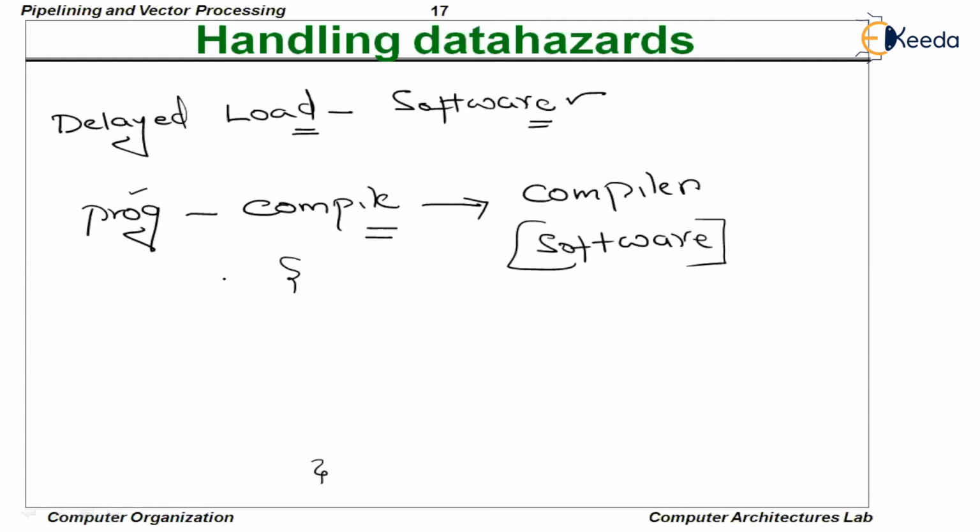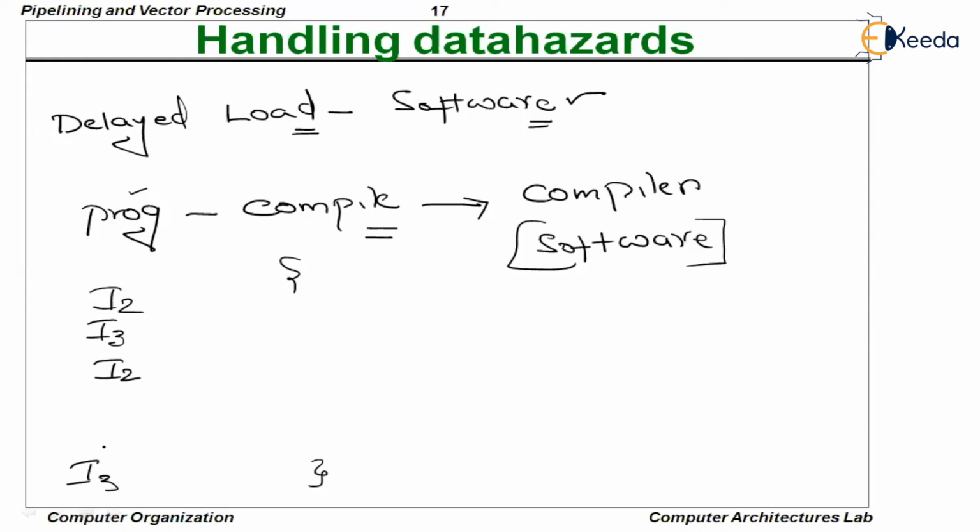If there are dependencies, the compiler is going to separate those instructions by a sufficient number of clock cycles. So if the compiler sees that I2 and I3 are dependent, what the compiler can do is, I2 and I3 can be separated by a sufficient number of clock cycles.